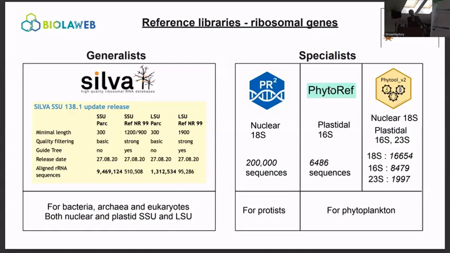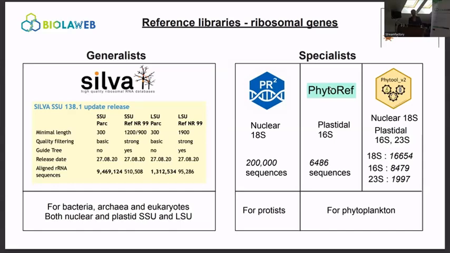And then for those ribosomal genes, there is also PR2 that gathers all the nuclear 18S, more than 200,000 nuclear 18S sequences for all the protists. And this database has a taxonomic curation done by experts.